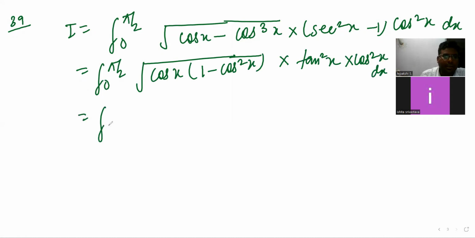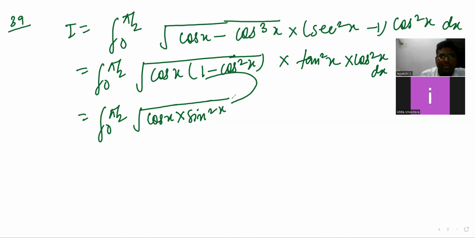Now see here, integration 0 to pi by 2. So it will be cos of x under root sin square x. So this will be reduced to sin x into tan square x into cos square x into dx, right? Now write tan in sin and cos.